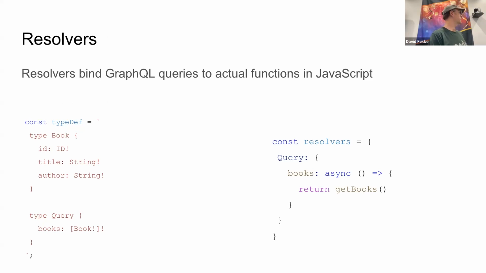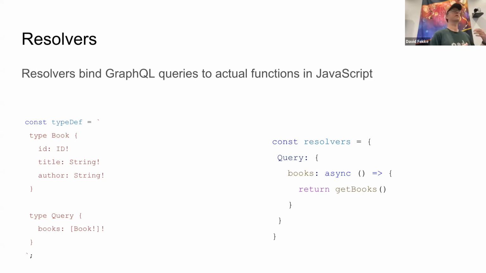So this is the example I'm going to be using tonight. This is an example of a type definition with some resolvers. The resolvers basically let you bind your type definition to a method in your service.